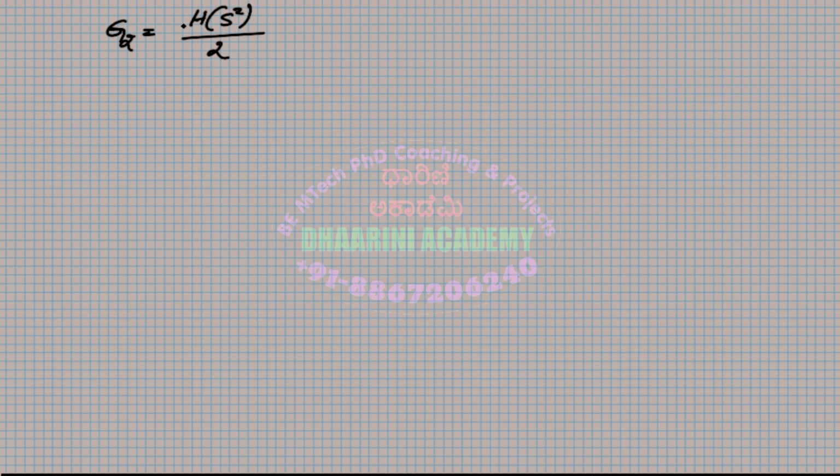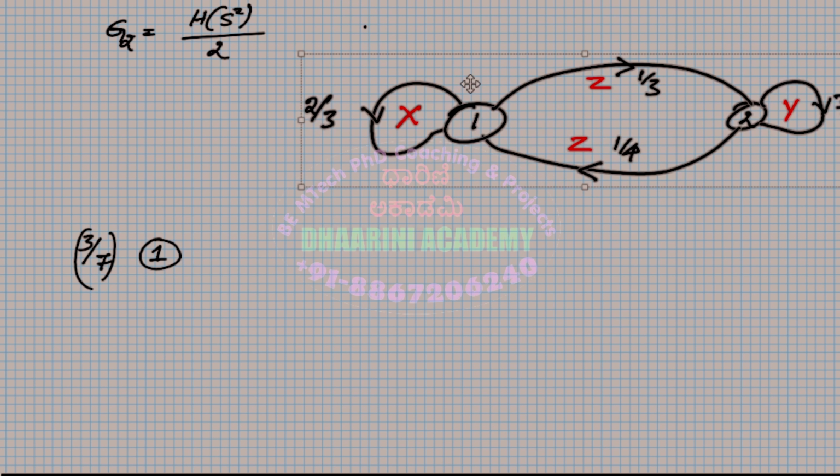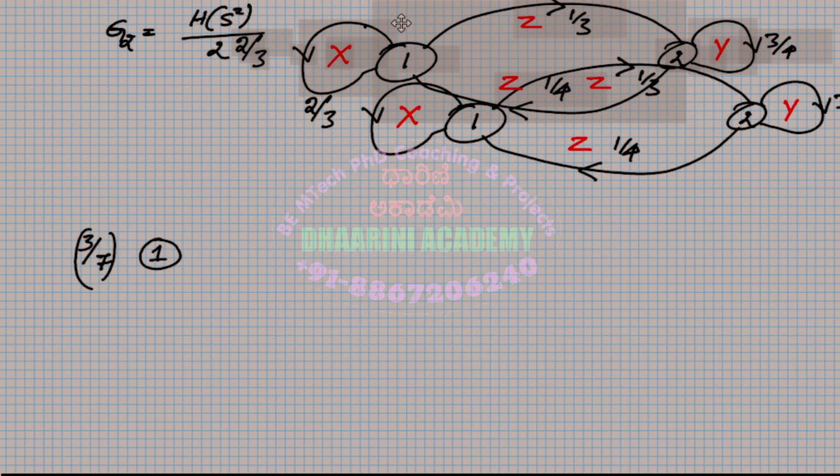Let us assume that I have two states. Initially you might start from the first state. If I write the state as state number one, there is a probability associated with that state equal to 3 by 7. This is the probability that I might start with state one. Now look at the given state diagram. I just have to consider this, look at this and answer.